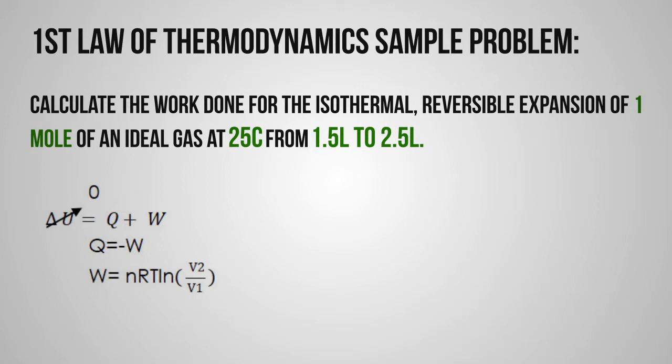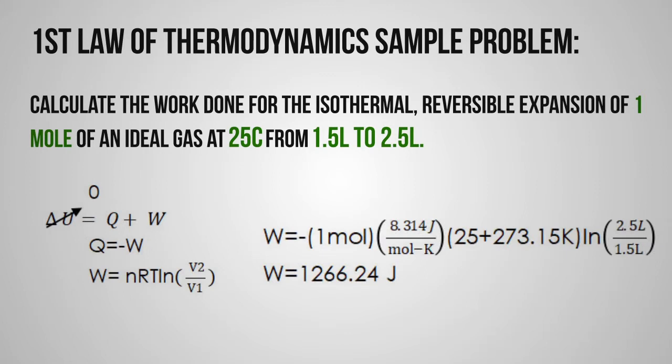Next step, work W is equal to nRT ln of volume 2 over volume 1, where n equals moles, R, the gas constant, is equal to 8.314 joules over mole-K, and temperature is in K, Kelvin.